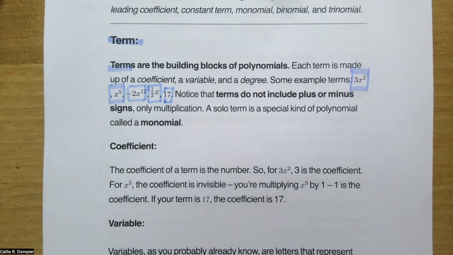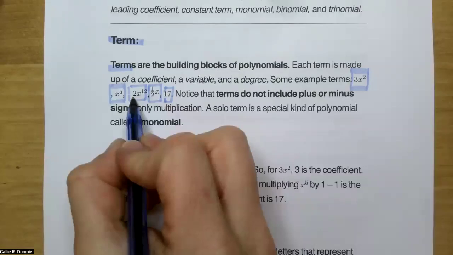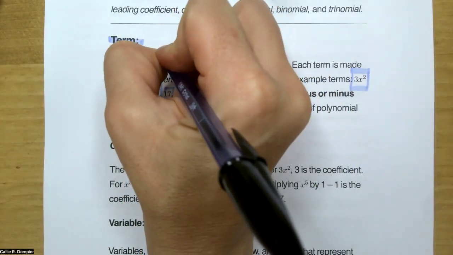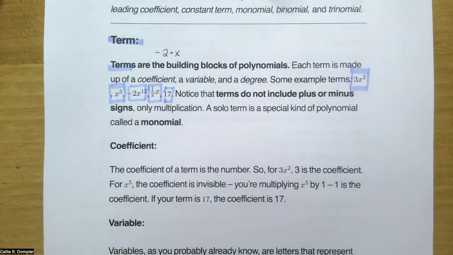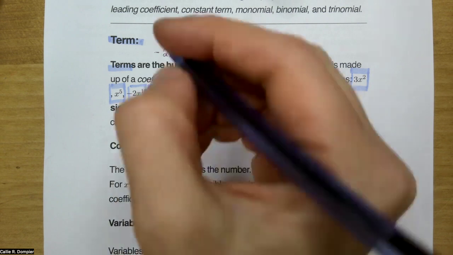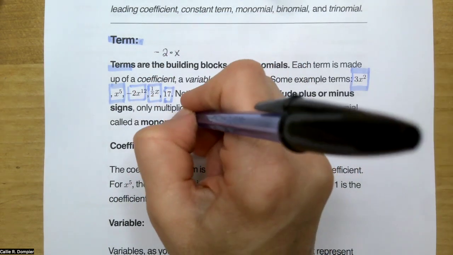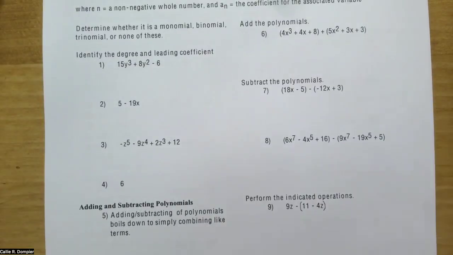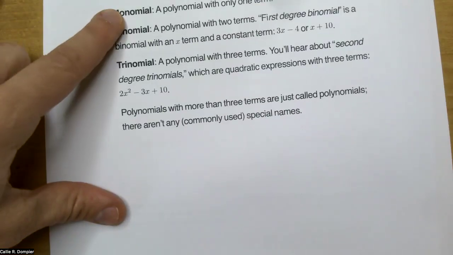Okay? Terms do not include plus or minus signs. It says that they include multiplication. Why does it say that? Because the -2 right next to the x means we're saying -2 times x. Good? That's multiplication. We will also go over this here, monomial.